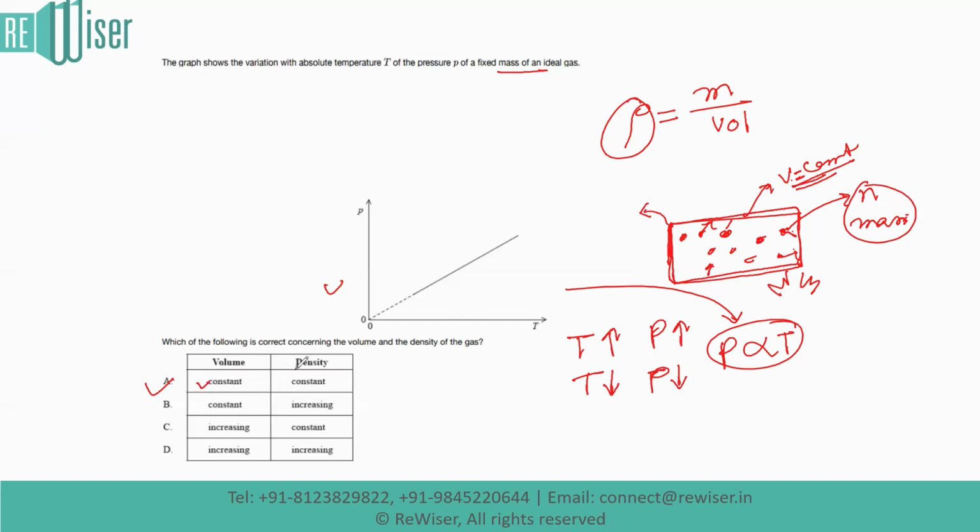Volume constant, density is constant. When temperature increases, pressure increases. In that case, volume has to remain constant. And if the number of molecules inside the container remains the same, there is no way out, then mass is also constant. In that case, density will be constant. So volume constant, density constant. This is the correct answer.